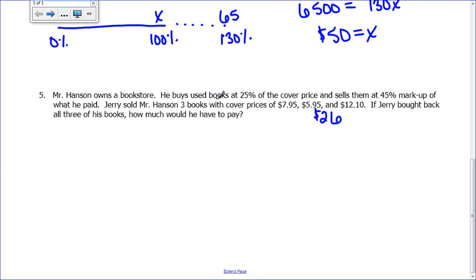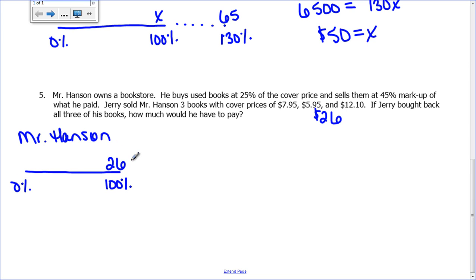Now, Mr. Hanson is going to buy them. So first of all, we need to know how much Mr. Hanson is going to pay for the books. So we're going to do a percent bar for Mr. Hanson. The books right now are $26 altogether, but he's going to buy them at 25% of that. So he's going to pay 25% of that cost.